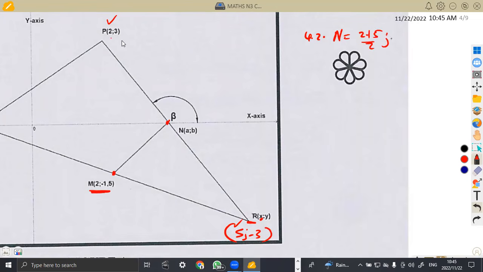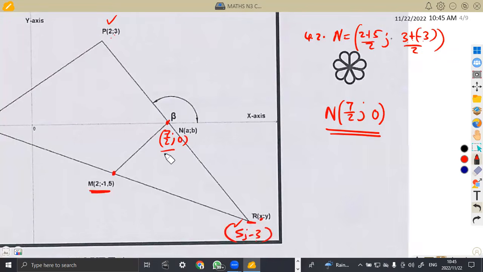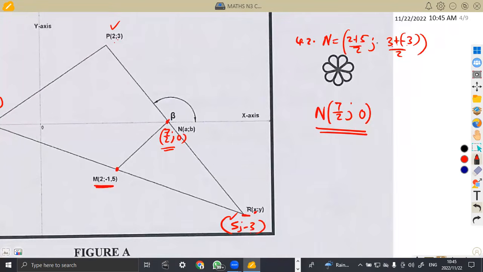For y, 3 plus -3 over 2. So N is 7 over 2, and 3 plus -3 is 0 over 2, which is 0. So N is (7/2, 0), or (3.5, 0). Whichever way you write it, it's proper.